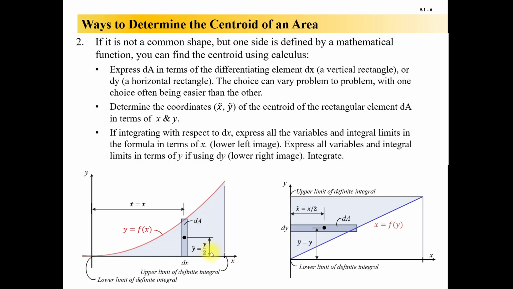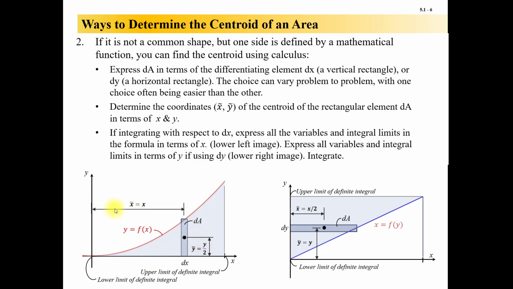So you either have a vertically oriented element that's going to have a width of dx and a height equal to the function itself, so y. Okay, and then its centroid, the centroid of the differential area, is actually half that height. So y tilde, which is the centroid of the dA, is going to be equal to y over 2.